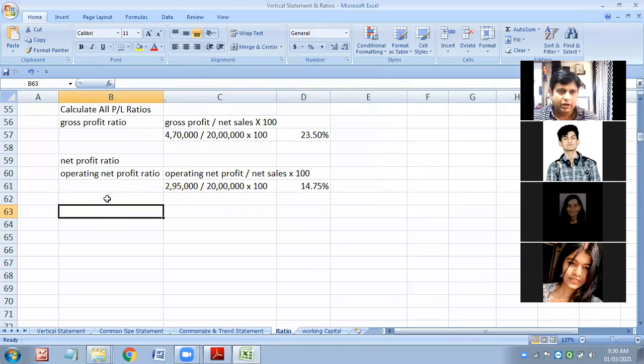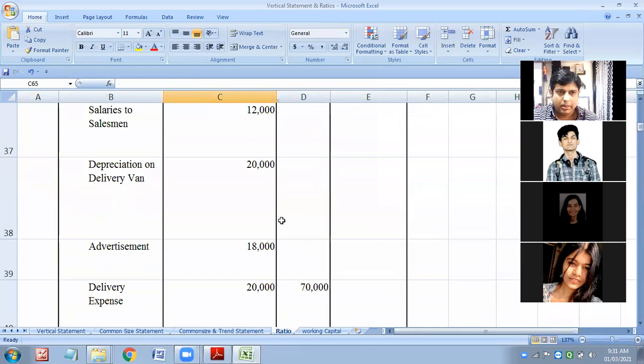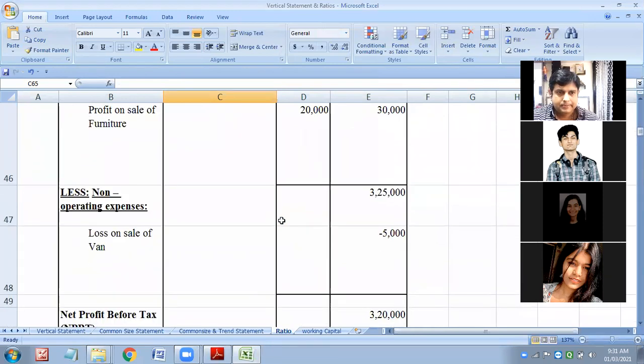Next we need to calculate the net profit before tax ratio, the NPBT ratio. The formula will be NPBT upon net sales into 100. Do we have NPBT? Yes, we have.